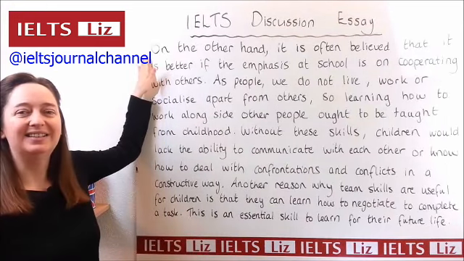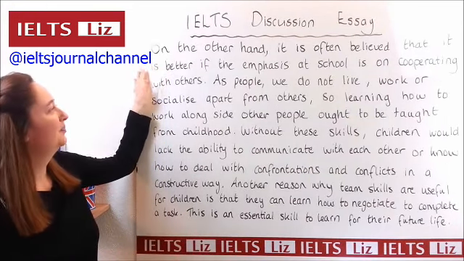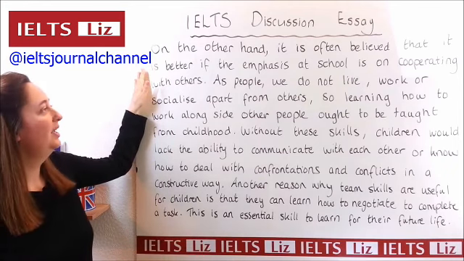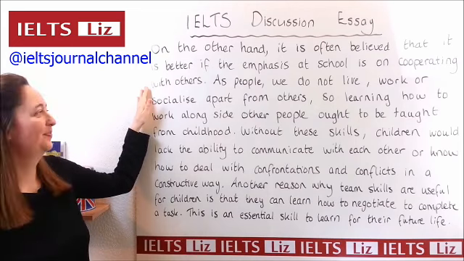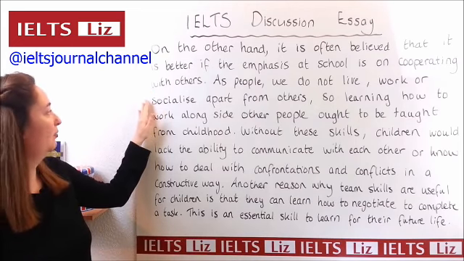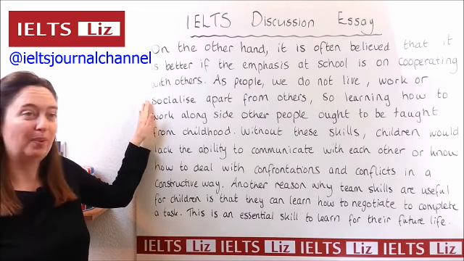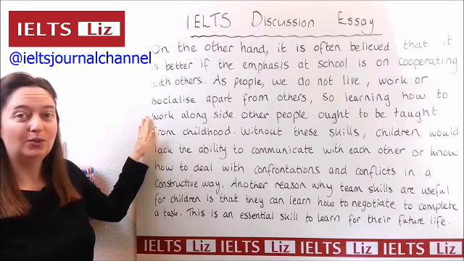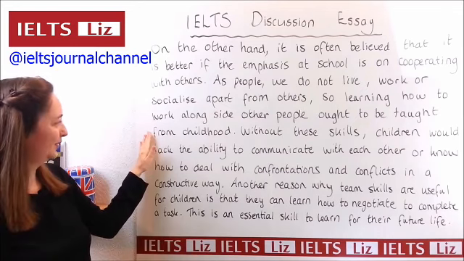On the other hand, it is often believed that it is better if the emphasis at school is on cooperating with others. As people, we do not live, work or socialise apart from others. So learning how to work alongside other people ought to be taught from childhood.